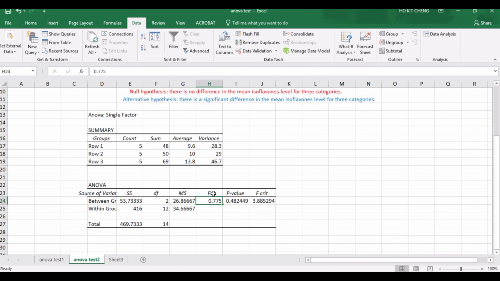And here we need to know the F test statistic, which is 0.775, which is less than the F critical value 3.88, which is the same output as our previous calculations. So we can conclude that there is no difference in the mean isoflavor level for the 3 categories.